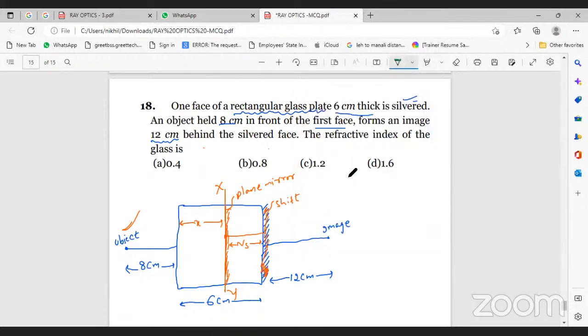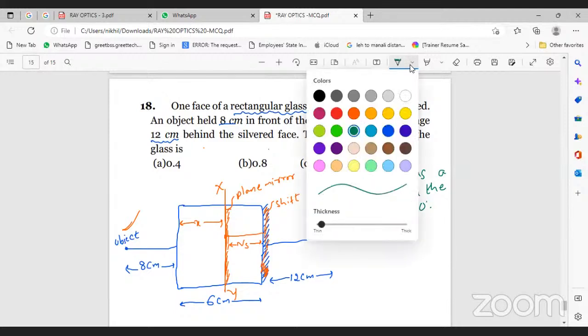XY acts as a plane mirror for the object O. You know that in the case of a plane mirror, object distance is equal to image distance.